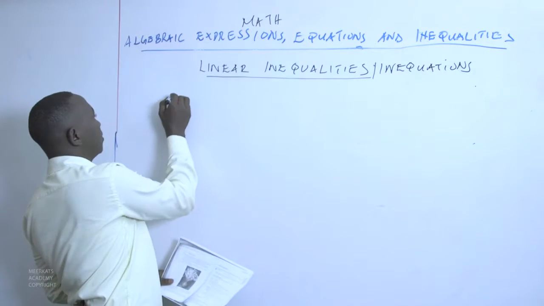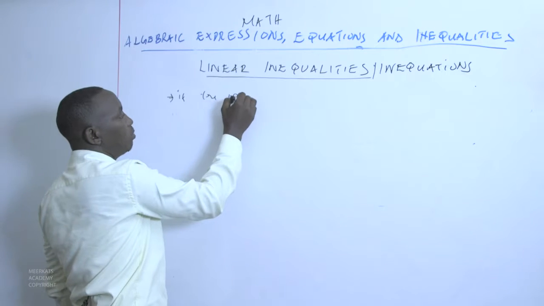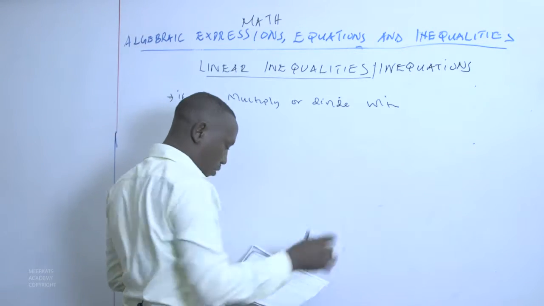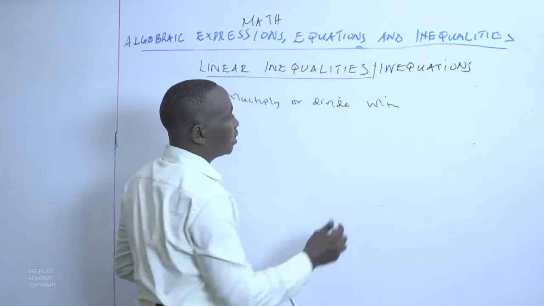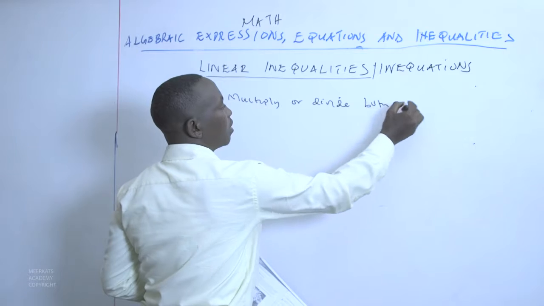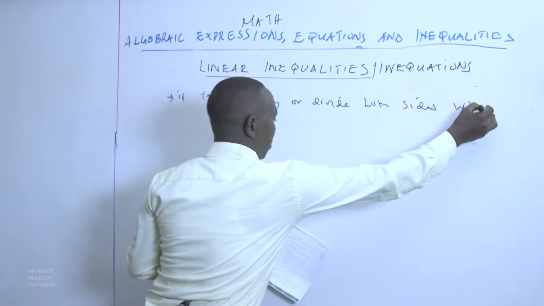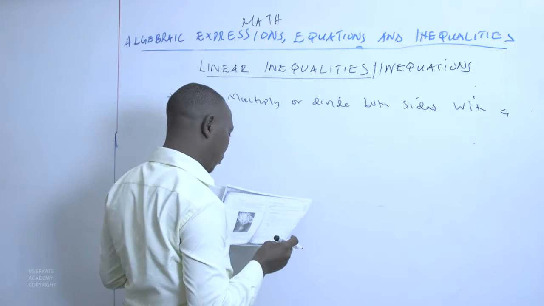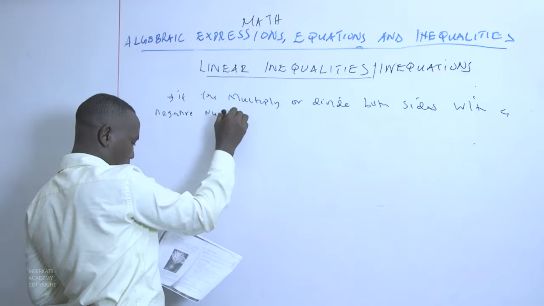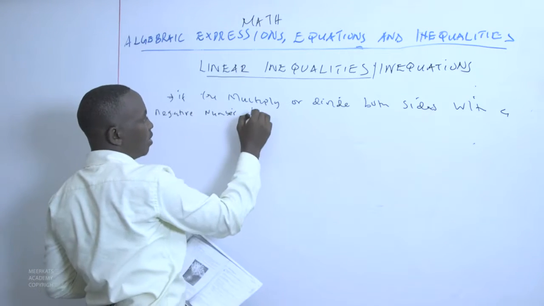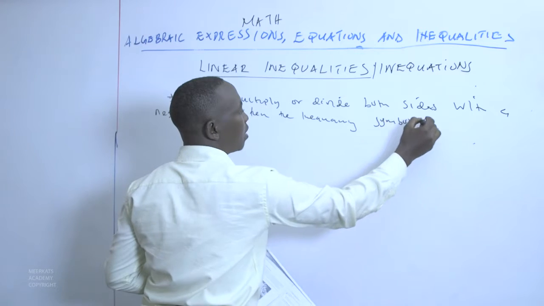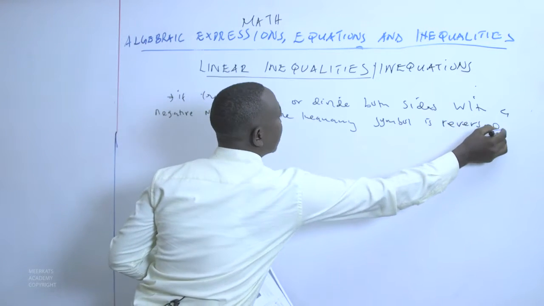Now if you multiply or divide both sides with a negative number, then the inequality symbol is reversed.